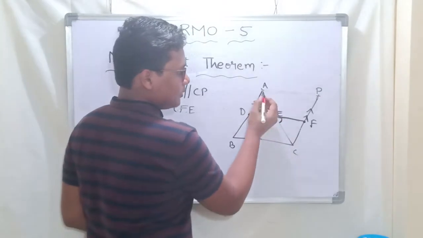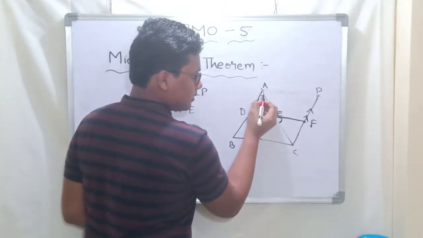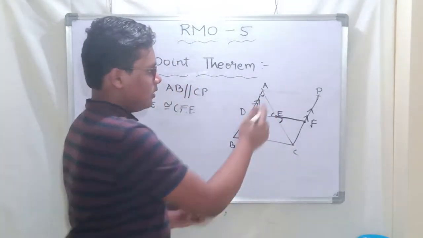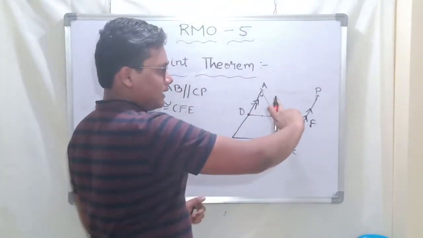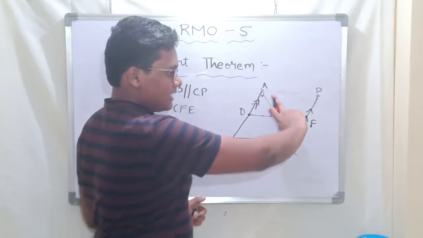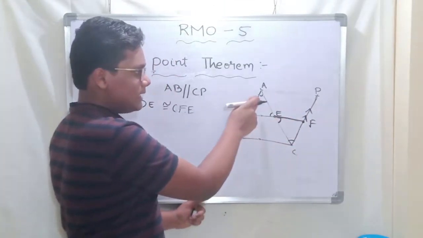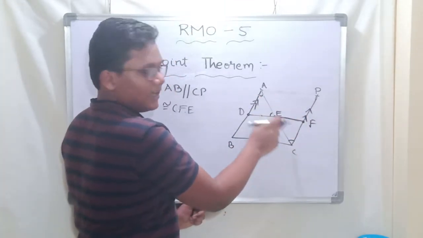These two angles are equal, and this angle equals this angle because these are parallel lines and AC is a transversal, so these are alternate angles.